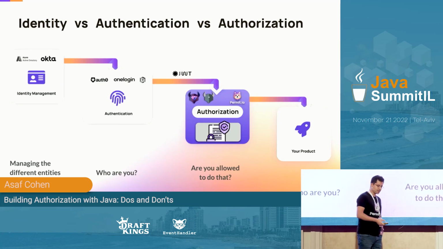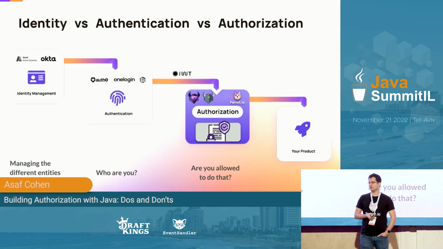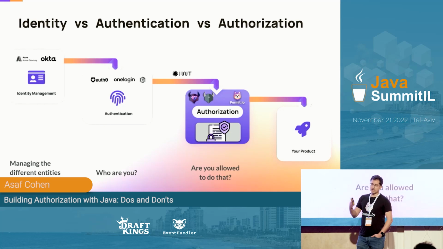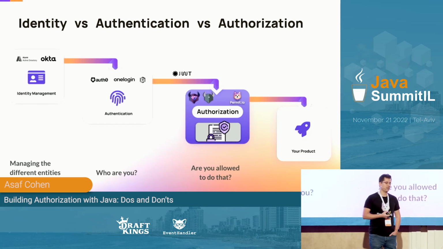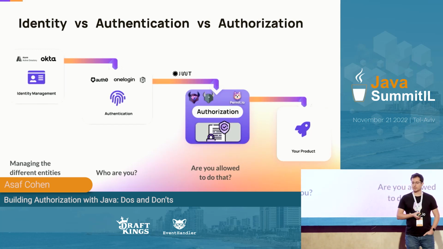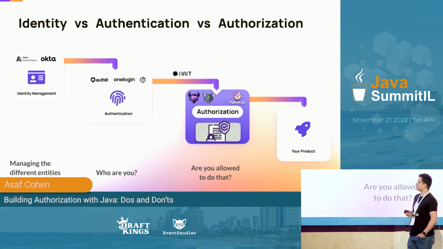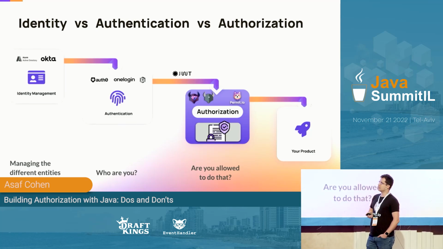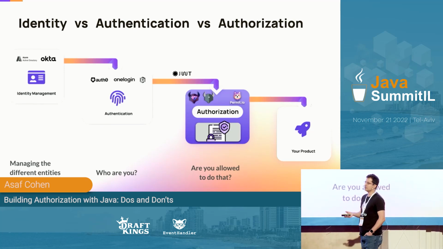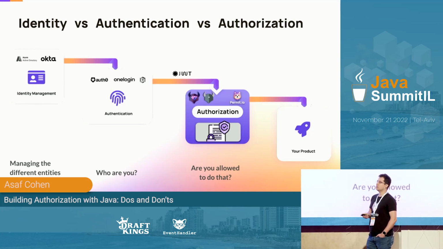So authorization: what are you allowed to do? There are emerging solutions in the market for that as well, but if you want to implement on your own, there's a bunch of open source projects that help you do it quicker and with fewer implementation mistakes. So authentication: who are you? Authorization: what are you allowed to do within my system?